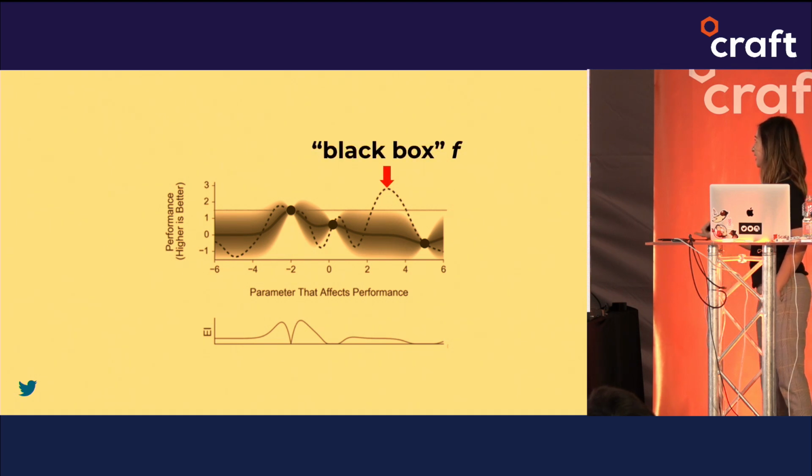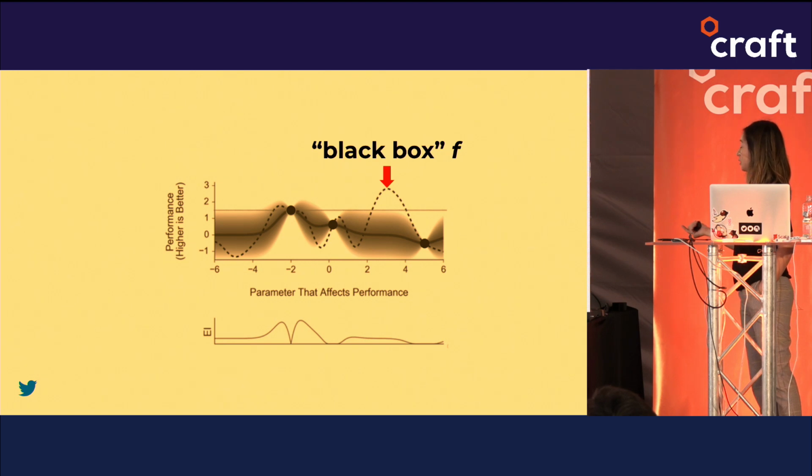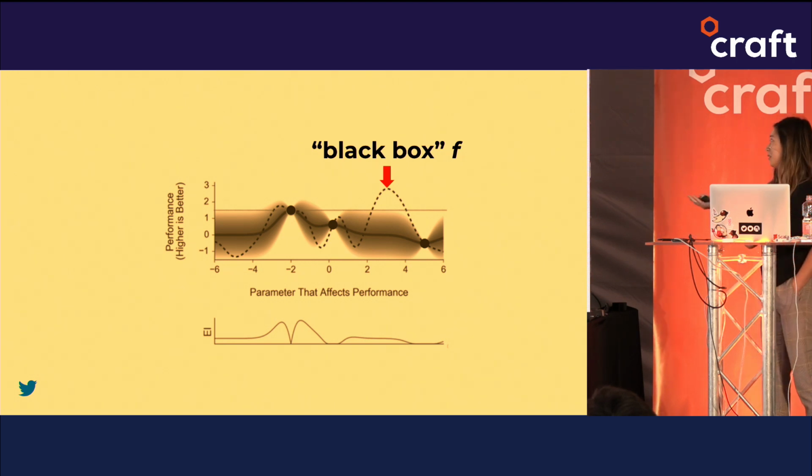So this dotted line is the black box function f that we're trying to optimize, or find, and it's actually unknown, but just shown on this graph for clarity.